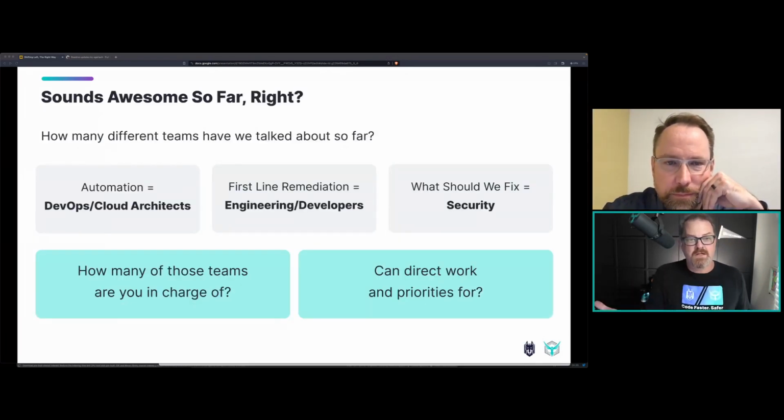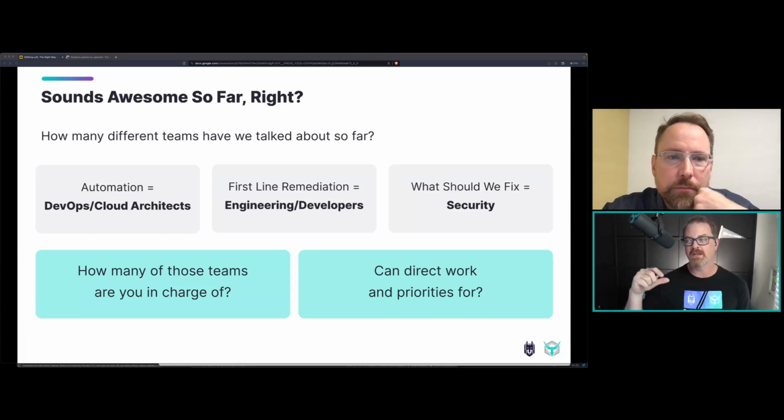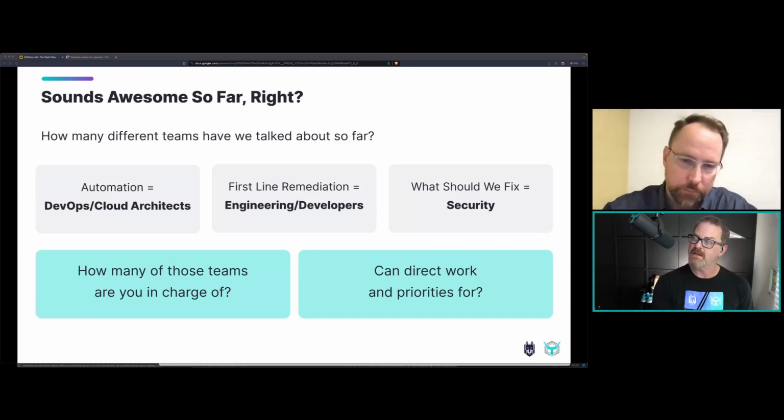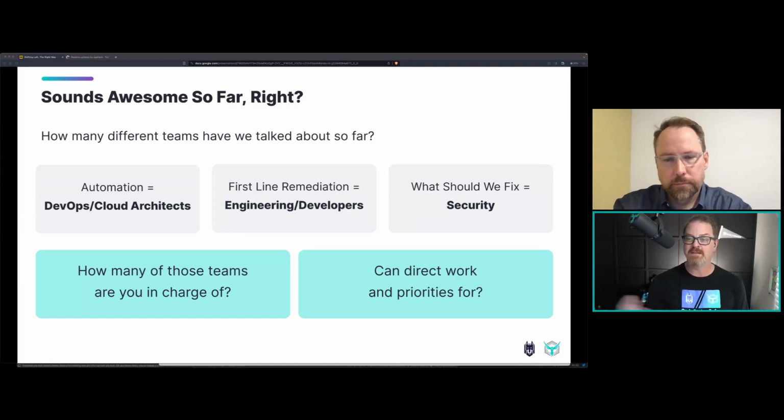Cool. All right, so this sounds awesome so far. Hopefully everyone watching and joining us is thinking, yeah, this sounds great, I'm going to go redesign a whole bunch of process. But think about the number of teams we've talked about so far that we're affecting. We're talking about automation, first line remediation, and ultimately what we should fix. So you're talking about DevOps teams, cloud architects, engineers, developers, whatever you call them, and the security team.